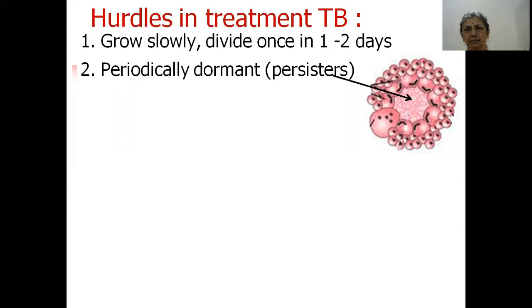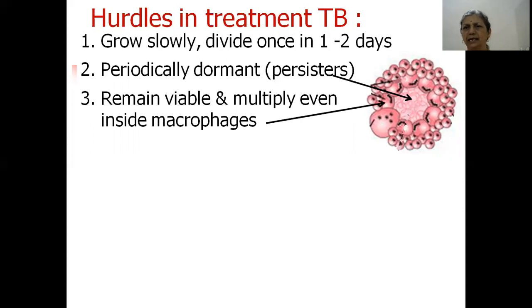As we said, the bacteria replicate very slowly and some of them even remain dormant for quite some time inside the caseous cavities which are formed. White blood cells and macrophages are our first line of defense, and these bacteria can remain viable and replicate even inside the macrophages.